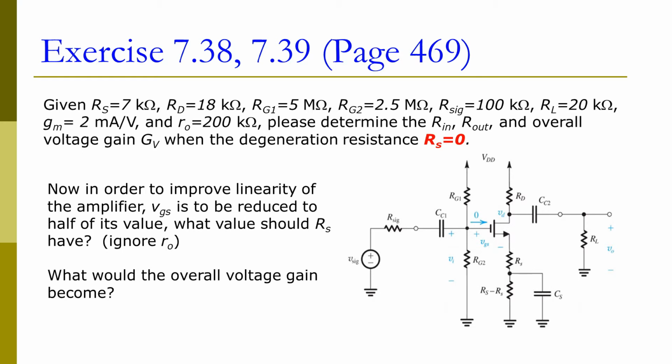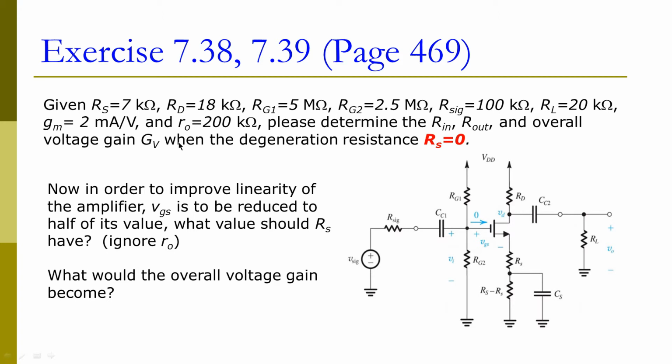Now we can have an example on how to analyze this discrete common source MOSFET based amplifier. In this single supply common source MOSFET based amplifier with degeneration, all those resistances have been provided in this configuration.